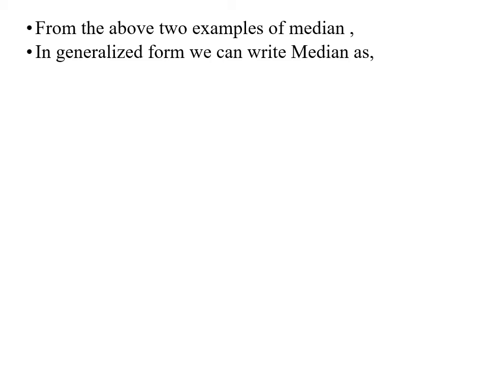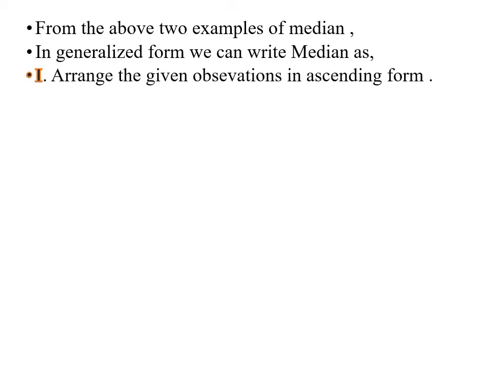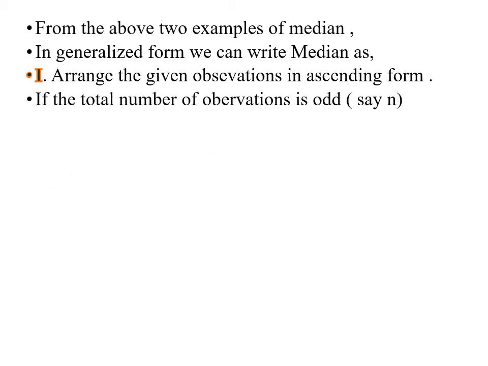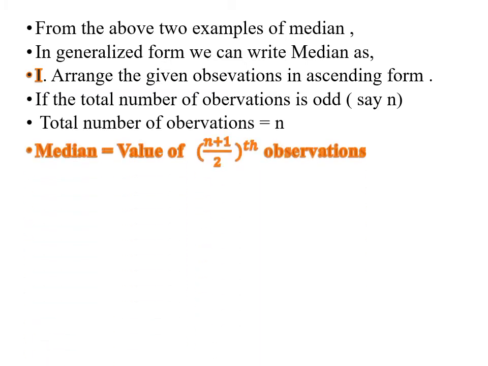Now from the above two examples of median, in generalized form we can write median as: first, arrange the given observations in ascending form. Then if the total number of observations is odd, let us say n, means if n is odd, then in that case the median is the middlemost number, that is the (n plus 1) upon 2th observation.